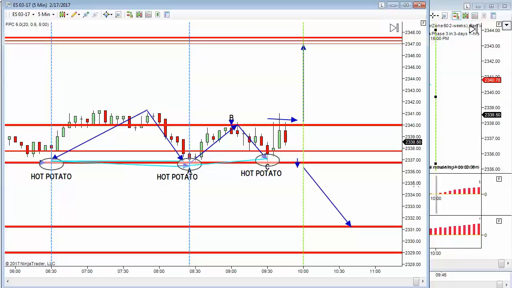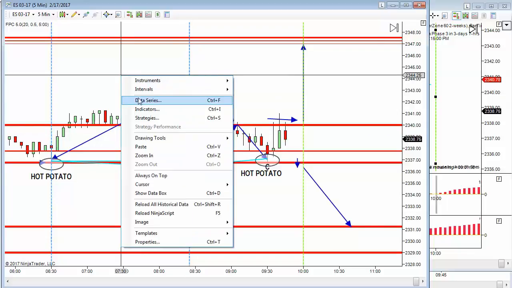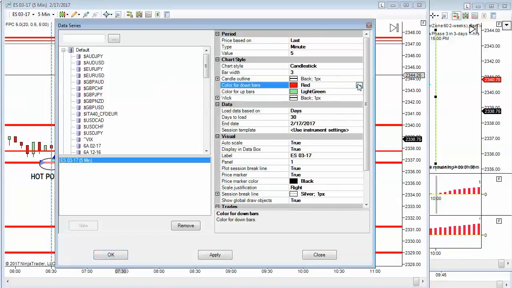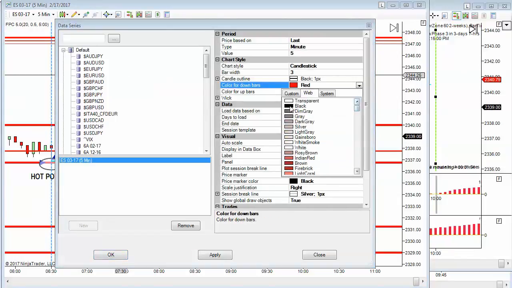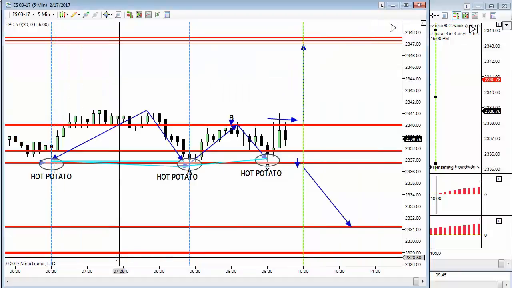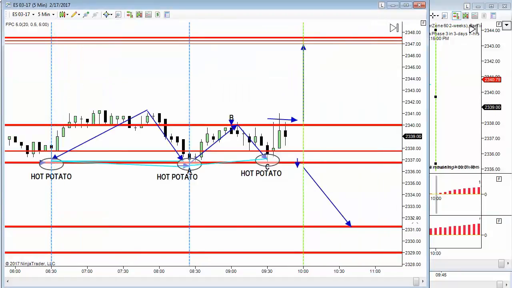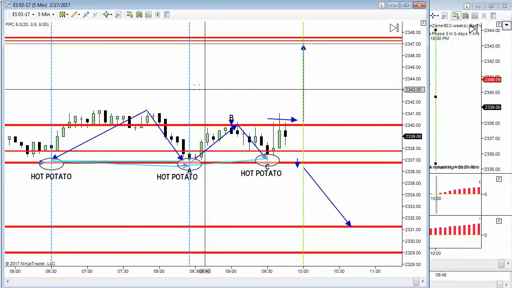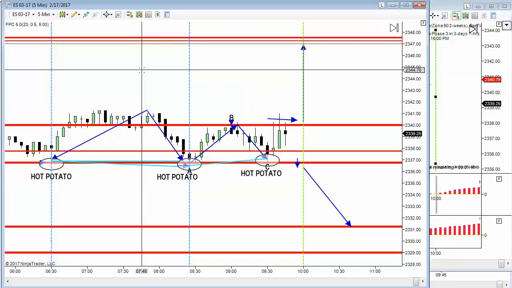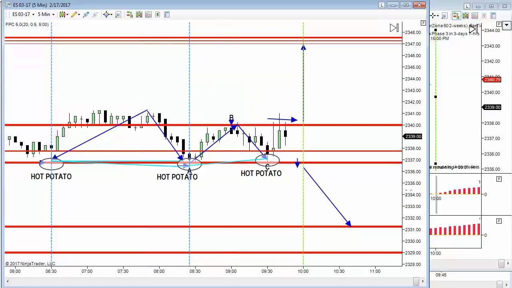It doesn't matter. It consistently brings that information to light. I will say, if you do use a chart like this one, don't have your candles the same color as the lines, because you'll have a hard time seeing when they're close together.